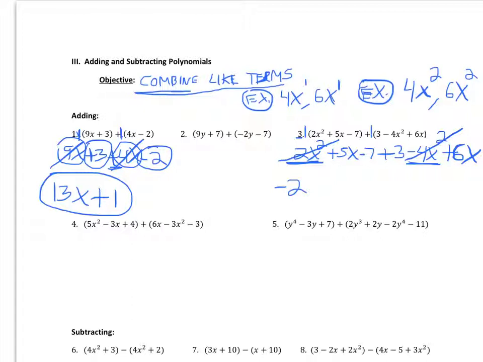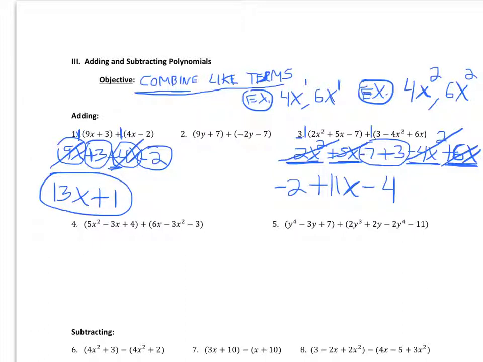Okay, let's look at the next one. I'm going to underline positive 5x. Then I underline positive 6x. And if I add positive 5x and positive 6x, that gives me 11x. So I'm done with the x's. Then you can see I just have constants. I can just add these together. Don't forget the negative before the 7. Negative 7 plus 3 gives me negative 4, so it changes to minus 4.